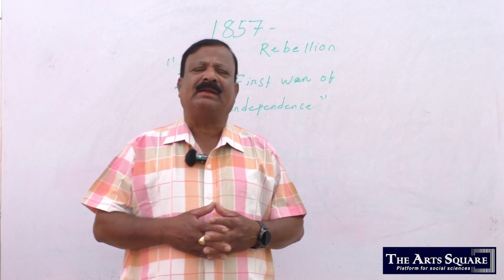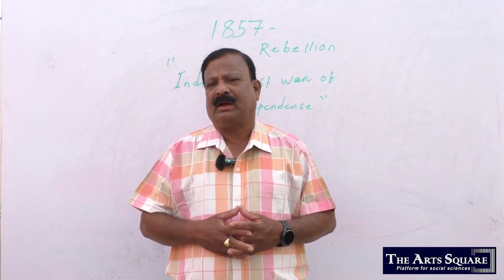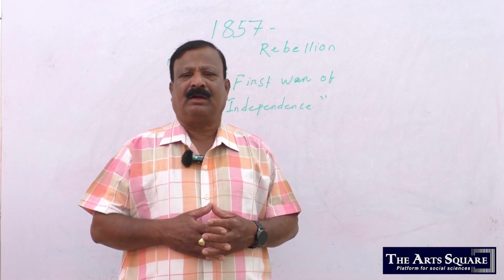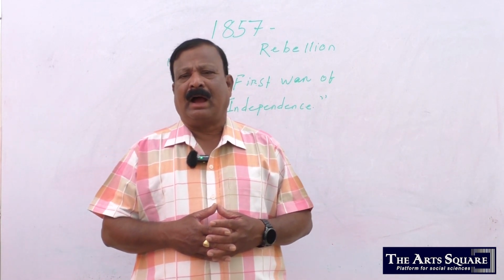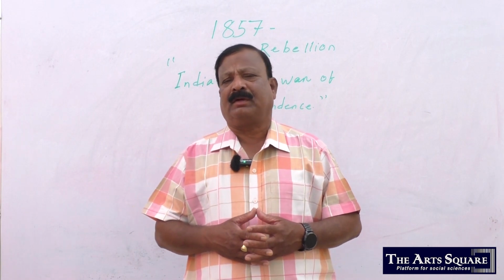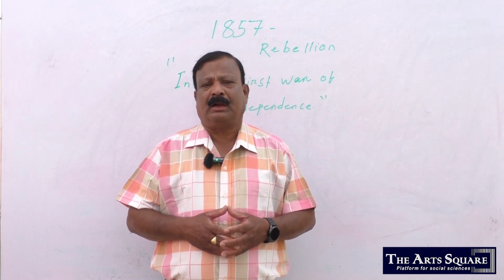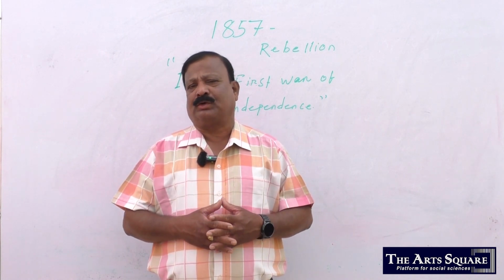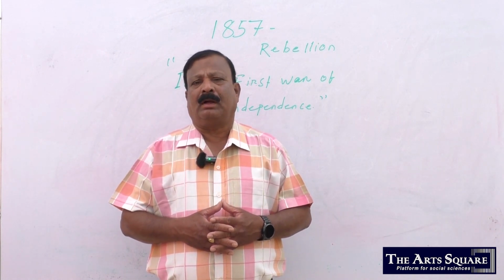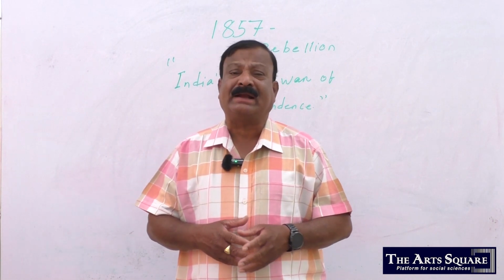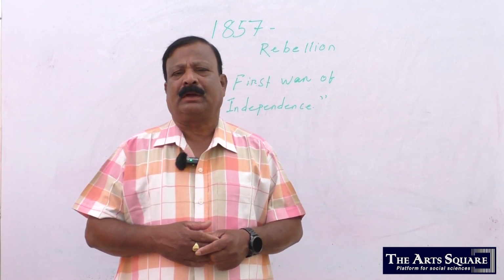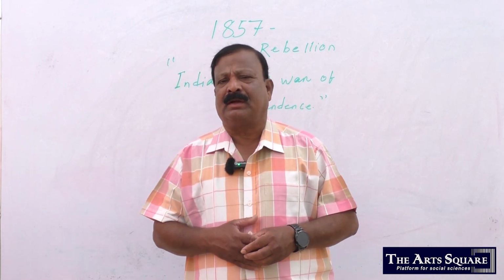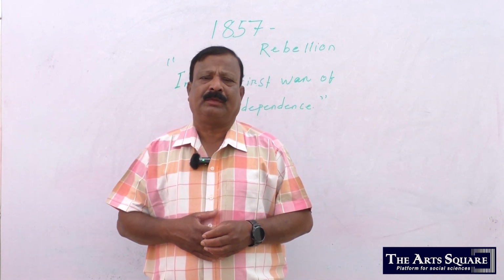In between these 200 years, its ruling was very harsh, with corrupt practices and many more hurdles for the Indians. In the first phase of rule, from 1757 to 1857, the British tortured the Indians from every angle.